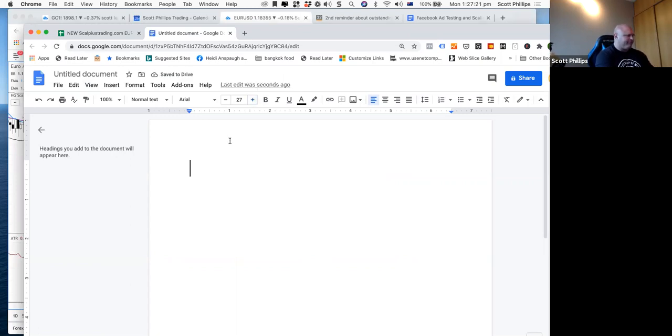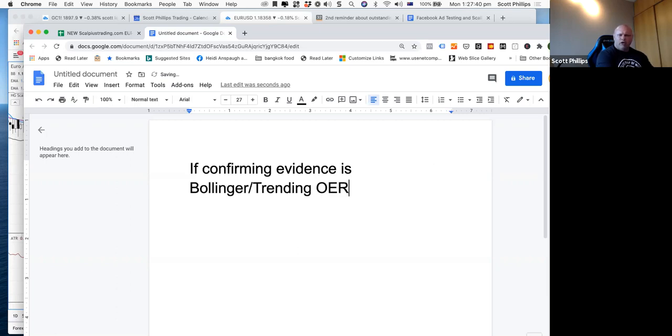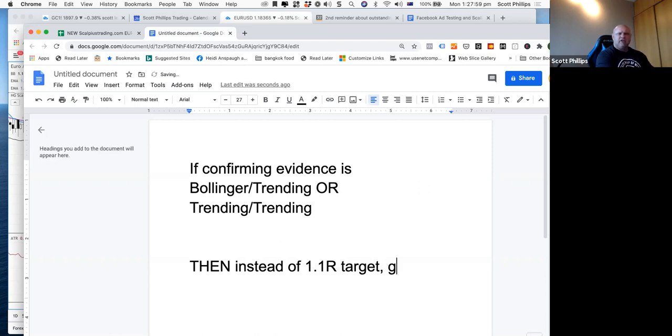If confirming evidence is Bollinger, Bollinger trending or trending, then instead of going for a 1.1R target, go for 2R.